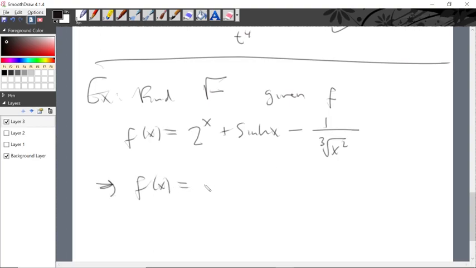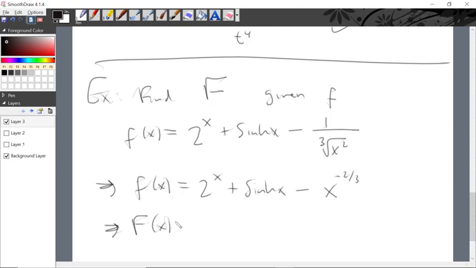We know an antiderivative of 2 to the x. We talked about that. We know an antiderivative of sinh x from the catalog of derivative functions. And I'm going to rewrite this one as a power function. This would be negative x to the power of negative 2/3. And then we can use the general power rule on that last term.